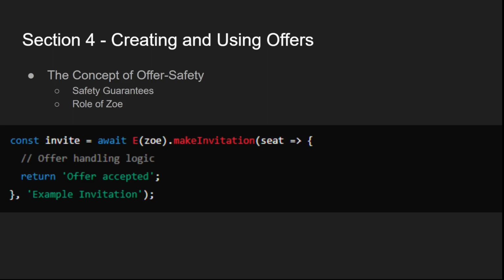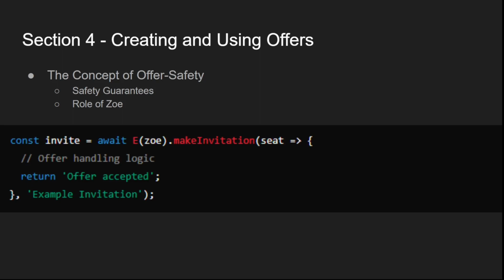Offer safety is a critical concept that ensures participants in a contract can safely make offers without the risk of losing their assets unfairly. Offer safety ensures that users either get what they want or get their assets back. This guarantees that participants are not worse off after making an offer.